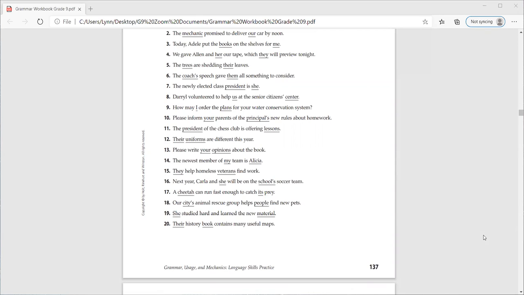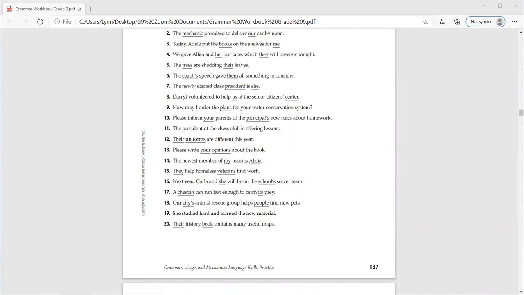Okay. Number 14, my is nominative or possessive. My is nominative. No, possessive. My team.